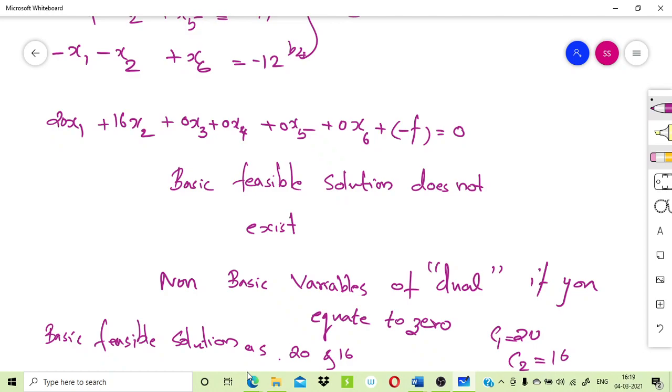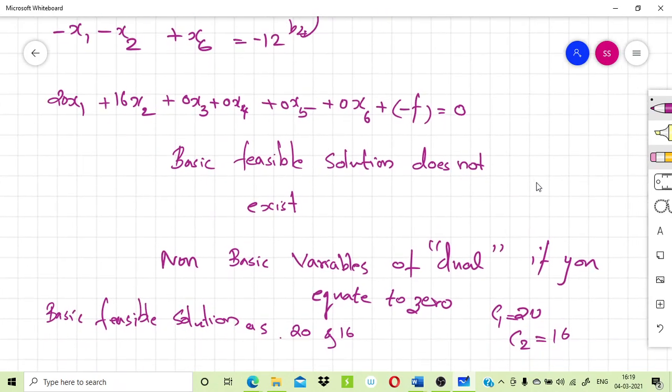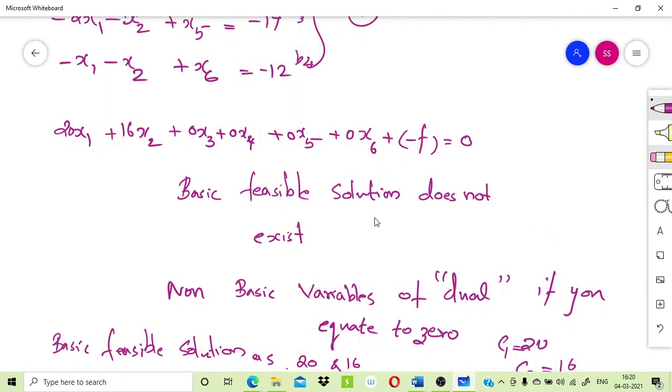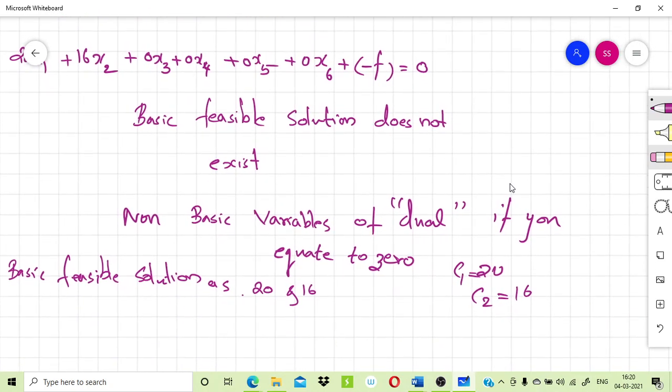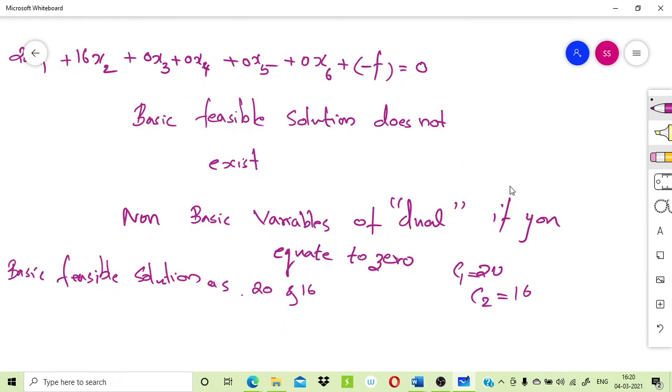That is the important observation on this kind of problem. That means a basic feasible solution does not exist for the original LPP, but a basic feasible solution exists for the dual of the LPP.